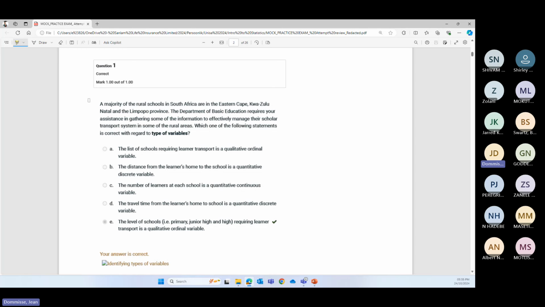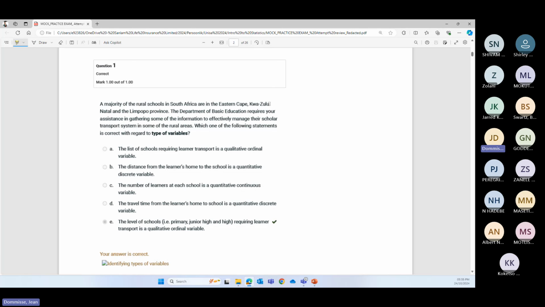So the majority of rural schools in South Africa, in the Eastern Cape, KZN, Limpopo, they talk about the 3 provinces. The Department of Basic Education requires assistance in gathering some of the information on the scholar transport system. Which one of the following statements is correct in regard to the type of variables?